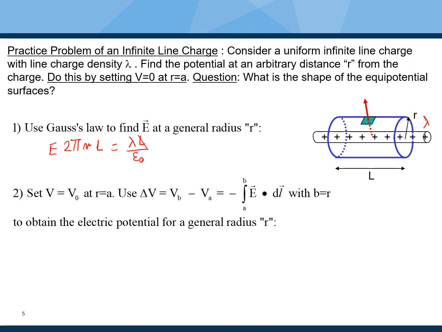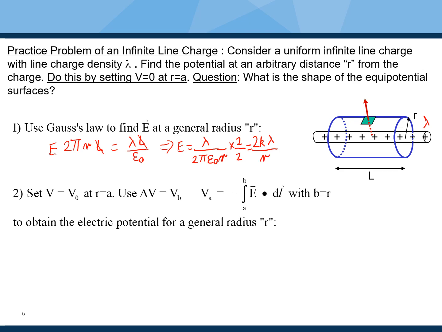L and L again cancel, and we obtain E as being equal to lambda over 2 pi epsilon naught times R. And if I want to write it in terms of k, I can multiply numerator and denominator by 2, and that allows me to write it as k times lambda times, of course, the factor of 2 divided by R itself.